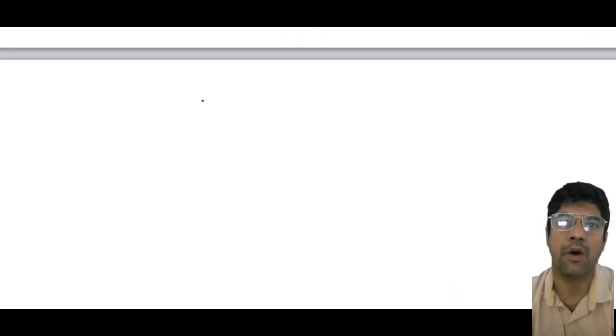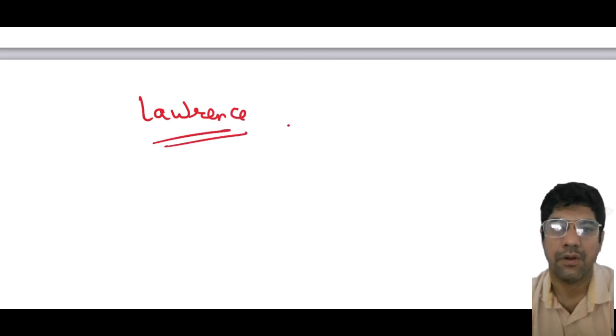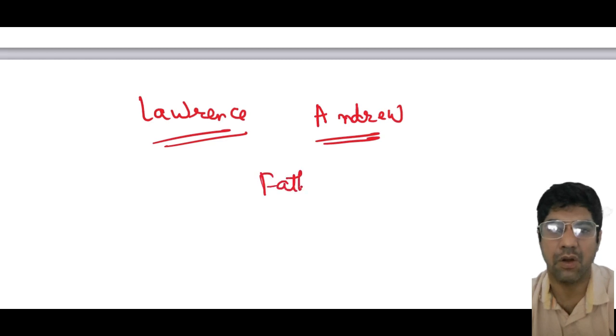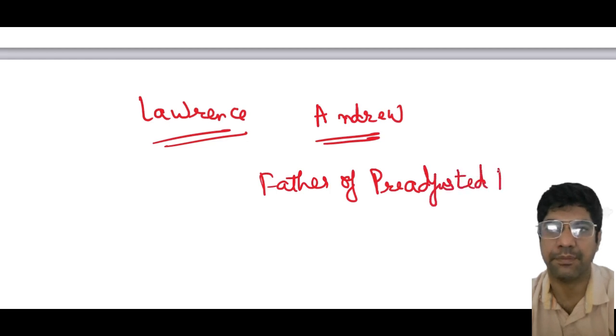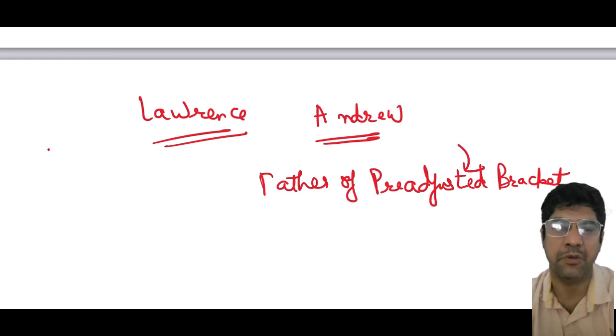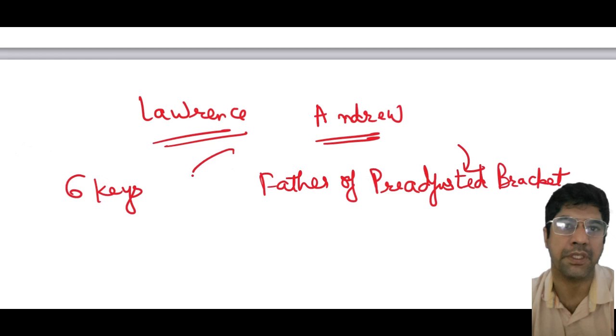Remember, Lawrence Andrews is known as the father of the pre-adjusted bracket system, and he introduced the six keys of occlusion.